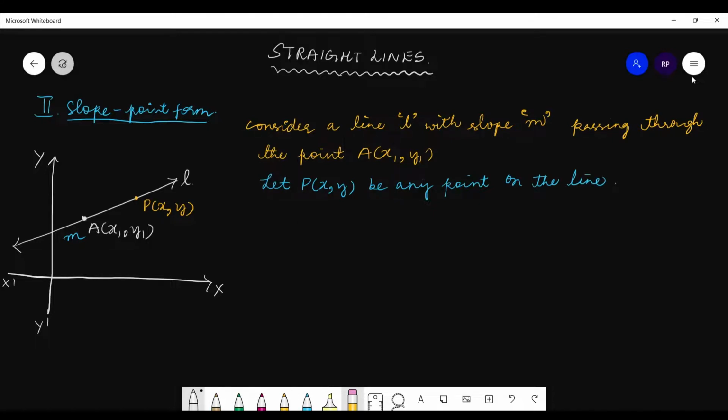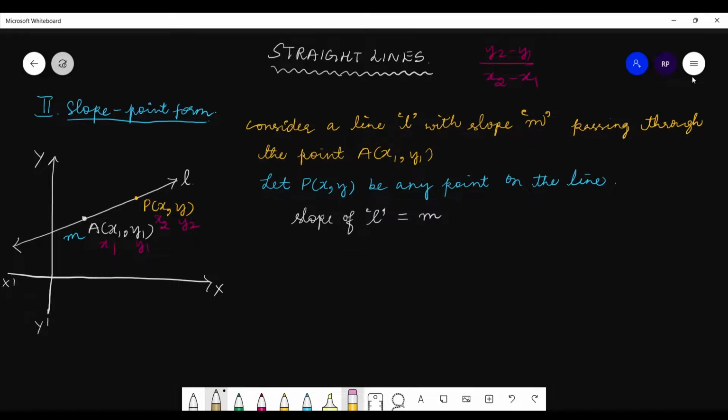Now we all know that the slope of line L is given by m. And what do we write for the equation of the slope of a line having 2 points? How do we write that? We know an equation that is y2 minus y1 by x2 minus x1, correct? Let me consider y2 as y, y1 as y1 itself, x2 as x, and x1 as x1.